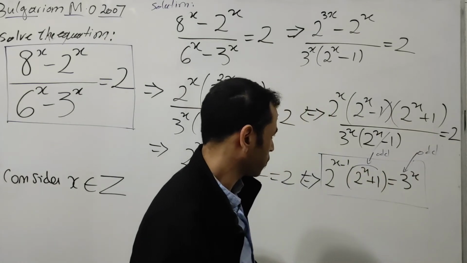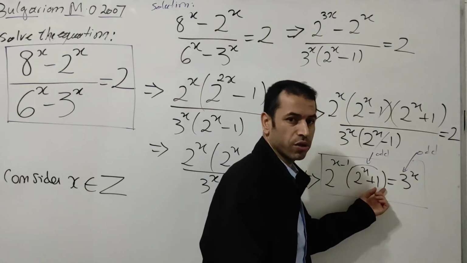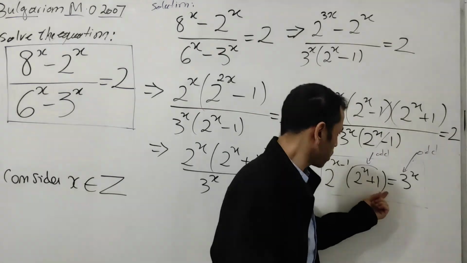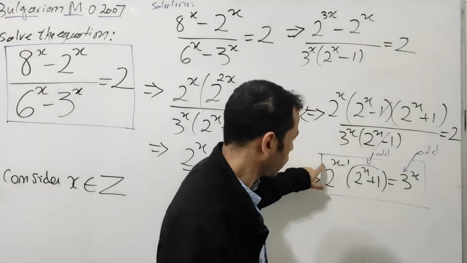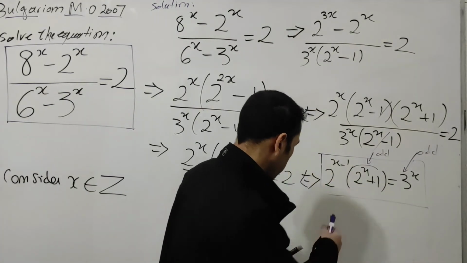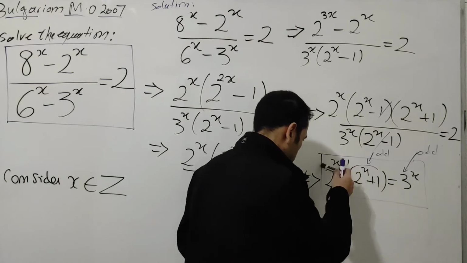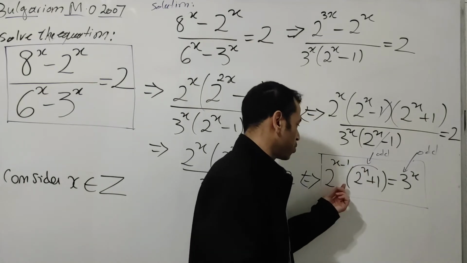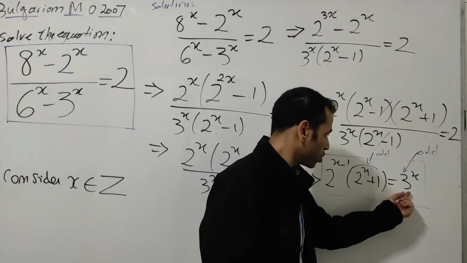In order to fix the issue and make our equation work correctly, I'm going to maintain the left hand side of this equation. This 2^x - 1 must be equal to 1 in order to get odd here.